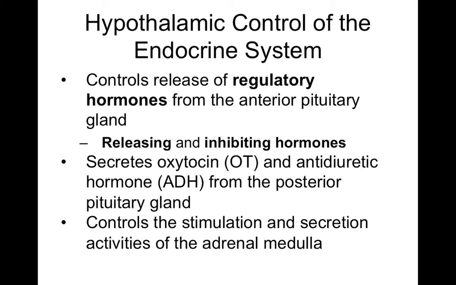That differs from the posterior pituitary gland, which is made of neural tissue, and that basically is made of axons that extend from the hypothalamus and then synapse on blood vessels in the posterior pituitary. Under both circumstances, the hormones are made by the hypothalamus. Just the way they get to the pituitary is a little different, either through axons or through the bloodstream.